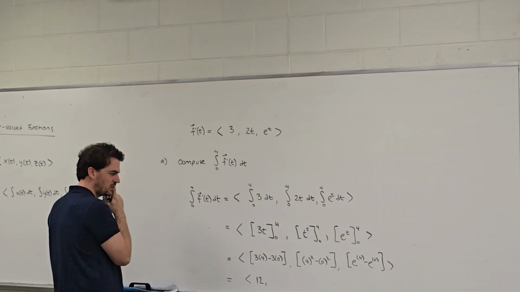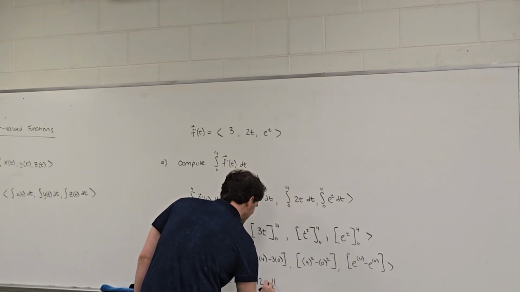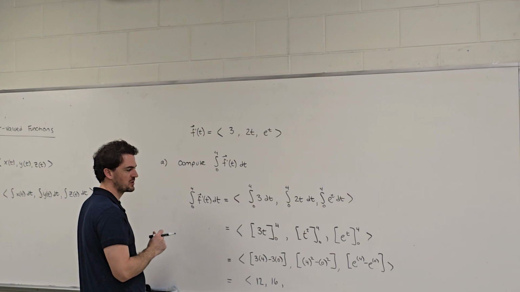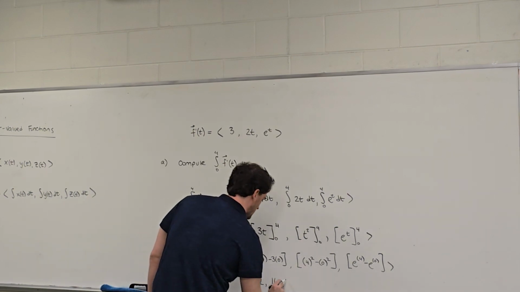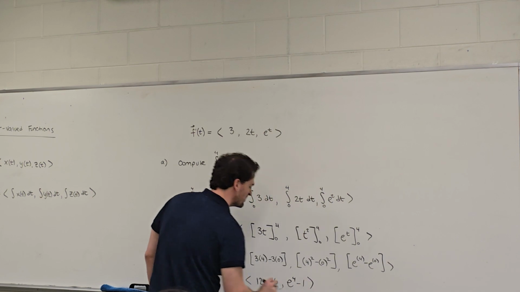Three times 4 is 12, minus 0. 4 squared is 16, minus 0. Just be careful with the last component. What's my z component? The z component is going to be plus, right? e to the 4th minus what? Minus 1. Plus 1.